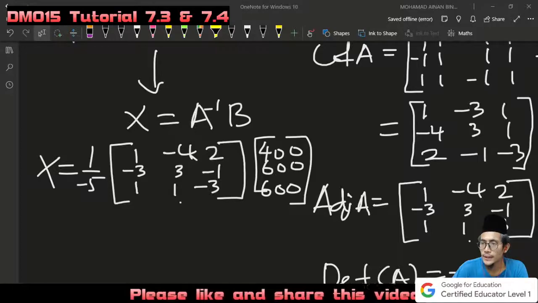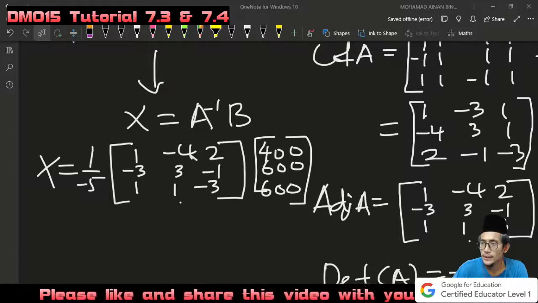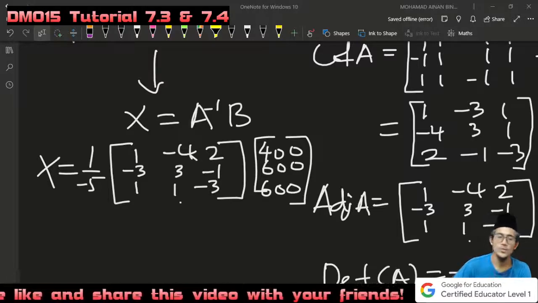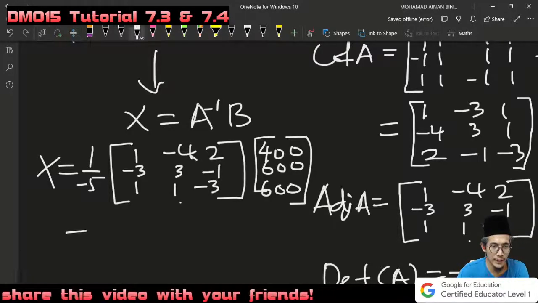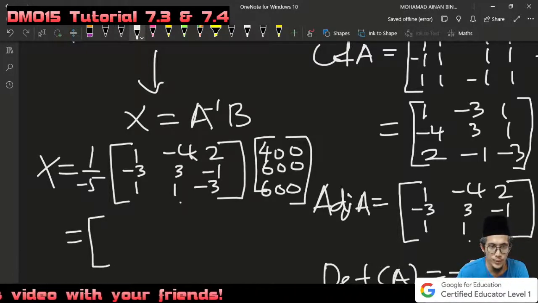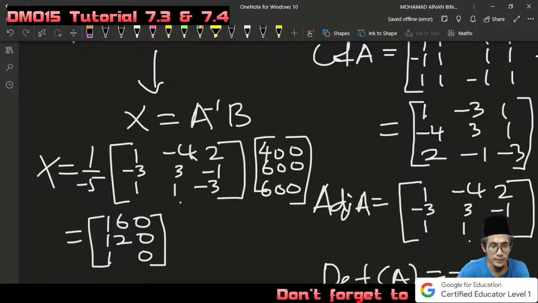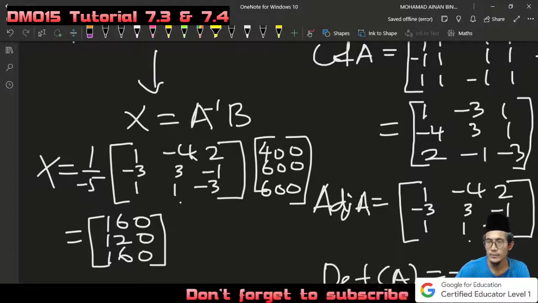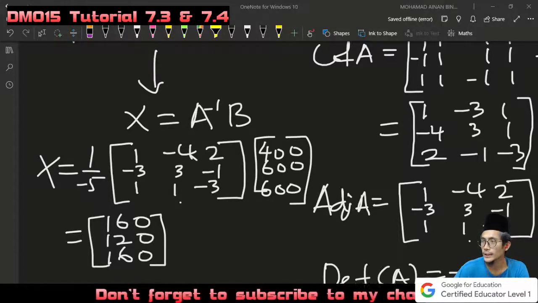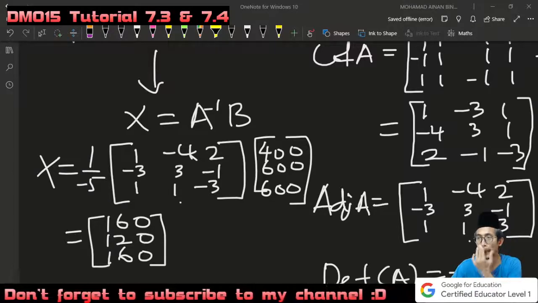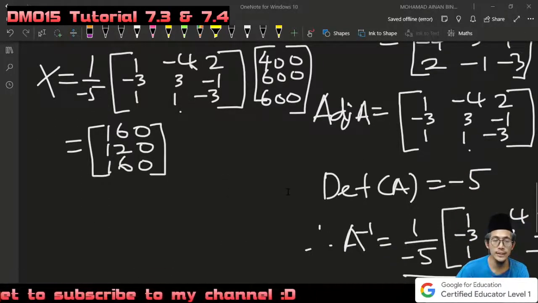Wait saya akan klik untuk awak. Jangan risau. Okay. So, after you multiply, you will get 160, 120, 160. Betul? Okay. Kan ada yang bagi kat chat tadi. Tak ada siapa chat lagi. Okay, so this is the answer lah.